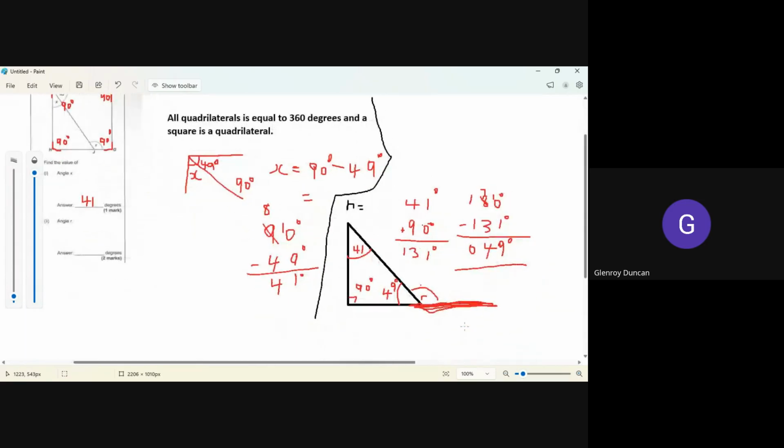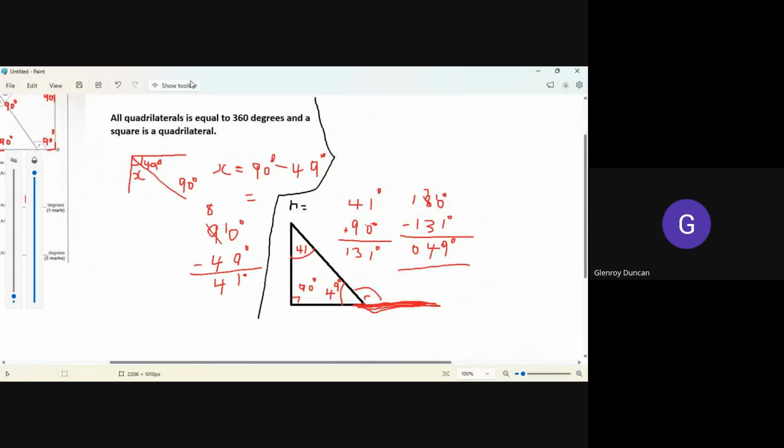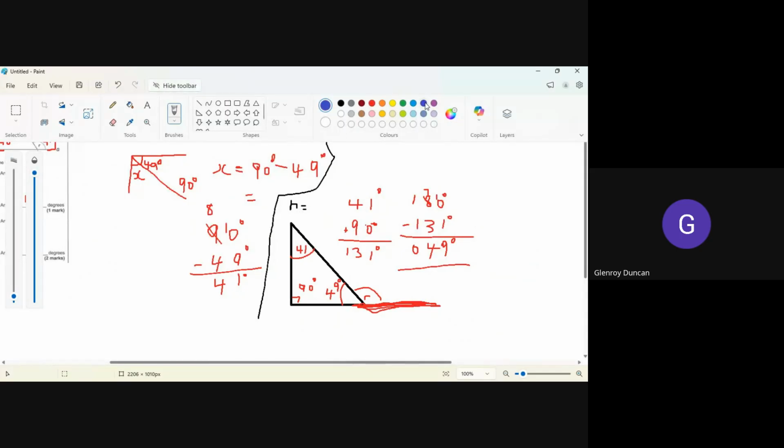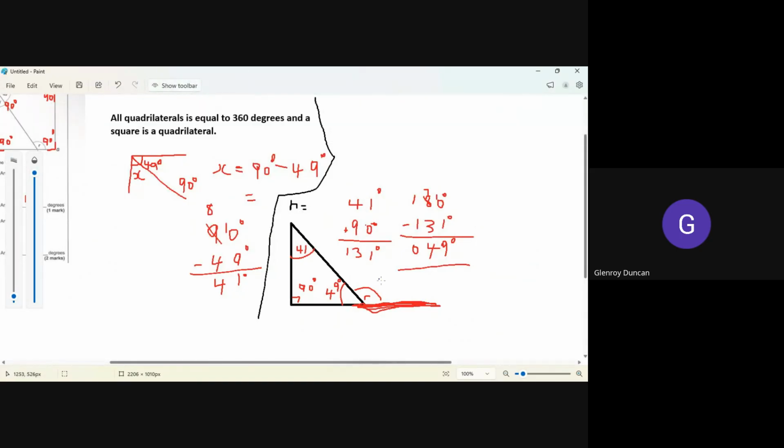So just let me go here and work in a different color. It's running on a straight line, so that's out of 180 degrees, and we subtract the 49, which was a given amount. In class, you see what we had to employ to work this? We had to look at all triangles that equal 180 degrees.